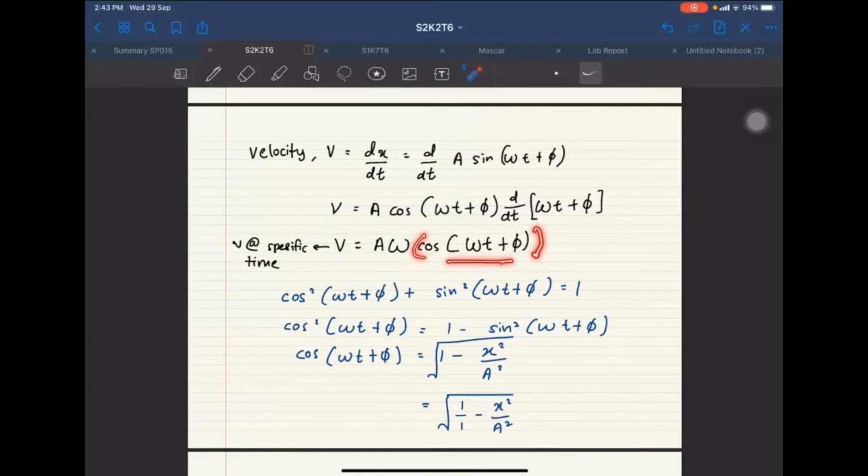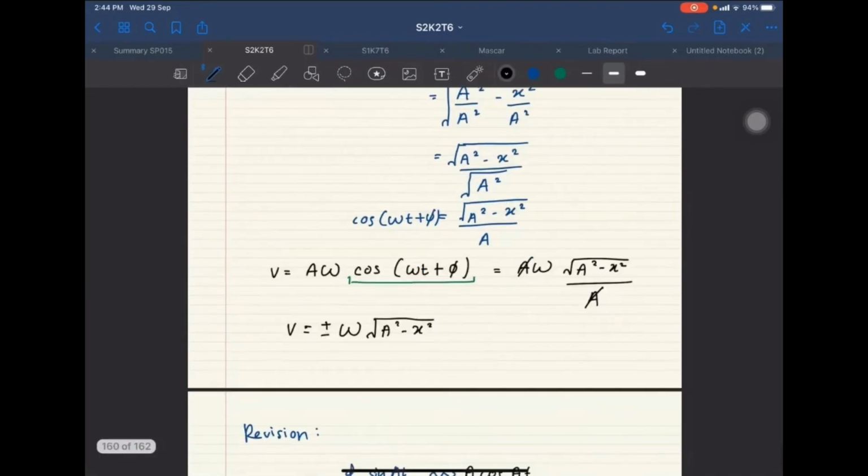Maximum. Kalau sini 0, 0 dalam omega, 0 dalam A, dia jadi 0. So V dia 0. Okay, 1. So kalau ini 1, ini adalah sebab cos dengan sin ni, dia punya value dia tak akan pergi lebih daripada 1. Maximum dia memang 1. So maximum value is when this one becomes 1.